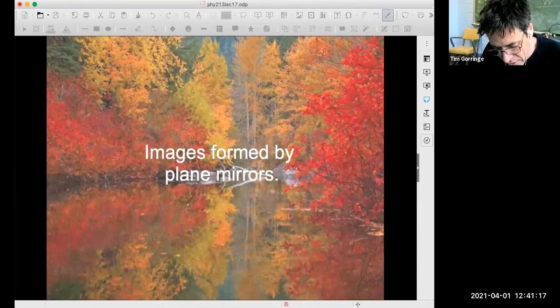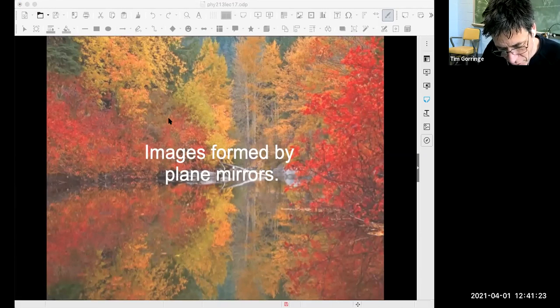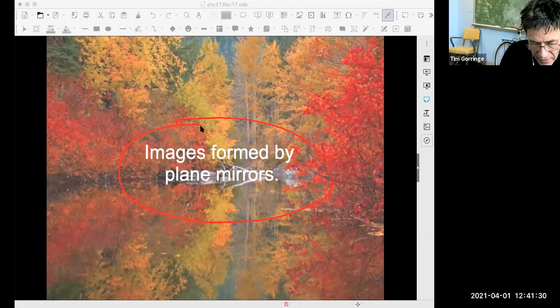Okay, so we're going to start with plane mirrors, flat mirrors, mirrors without curvature, not concave mirrors, not convex mirrors. That's our starting point. And that's like the surface of the water here. Above the surface of the water is an object, the trees in the fall. It's a nice picture.